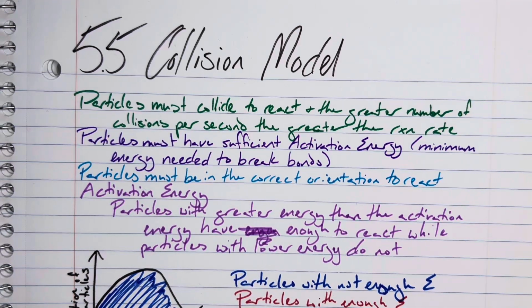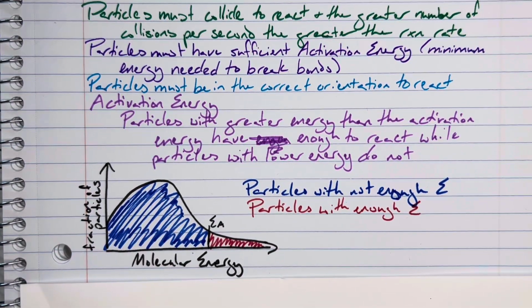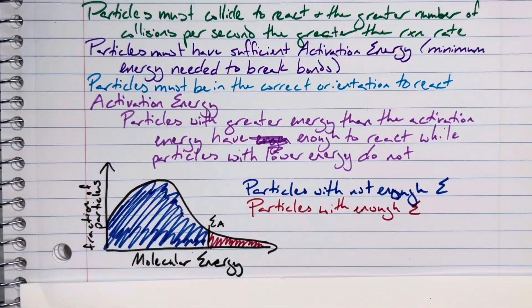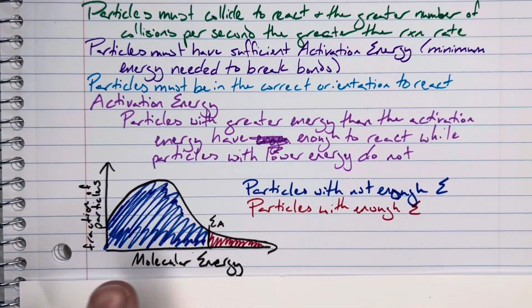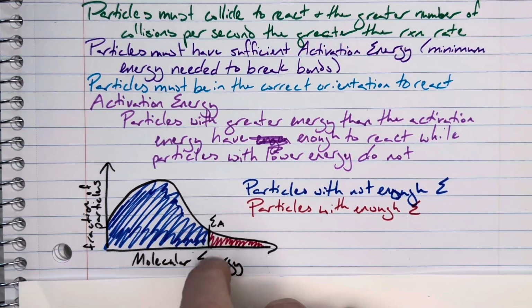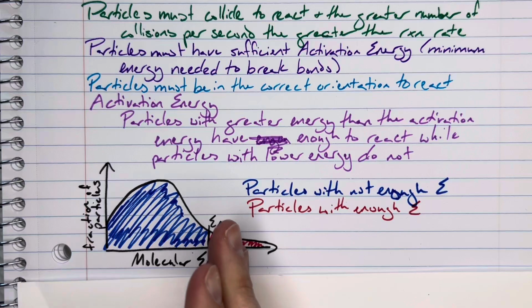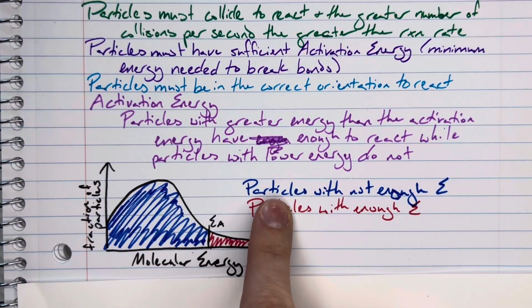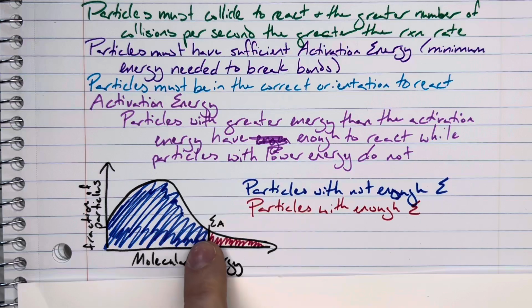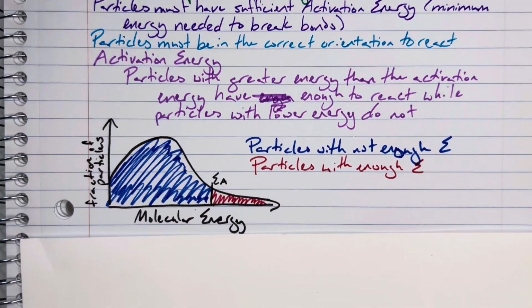If we were to look at a diagram where we can see the overall portion of our particles on our y-axis versus the energy that those particles have on our x-axis, and we have our energy of activation line here, we can see that any molecules that have energy less than the energy of activation do not have enough energy in order to react, but the particles that have energy higher than that of the energy of activation do have enough energy to react.